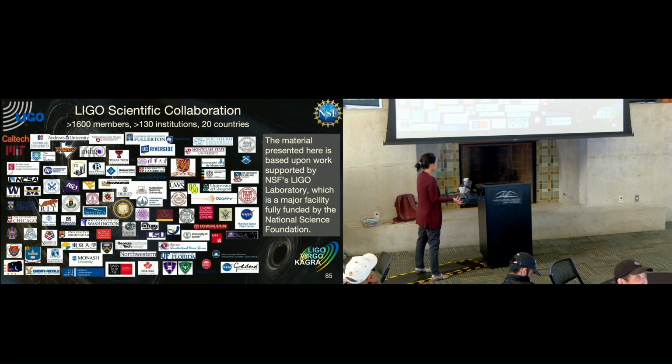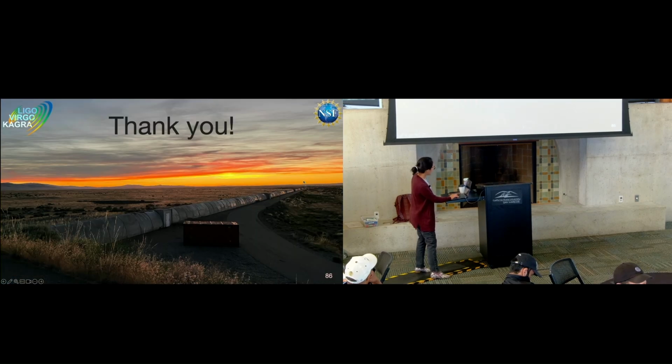That's been a great way for us to get really good people. Also in California, there's Riverside, there's Stanford, and of course there's Caltech, which manages the observatories alongside MIT, supported by the NSF. Okay, let me just end there.